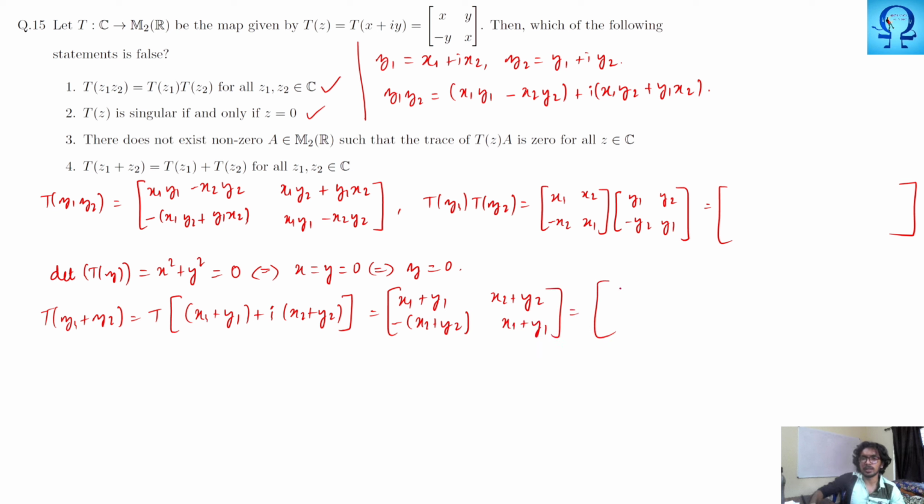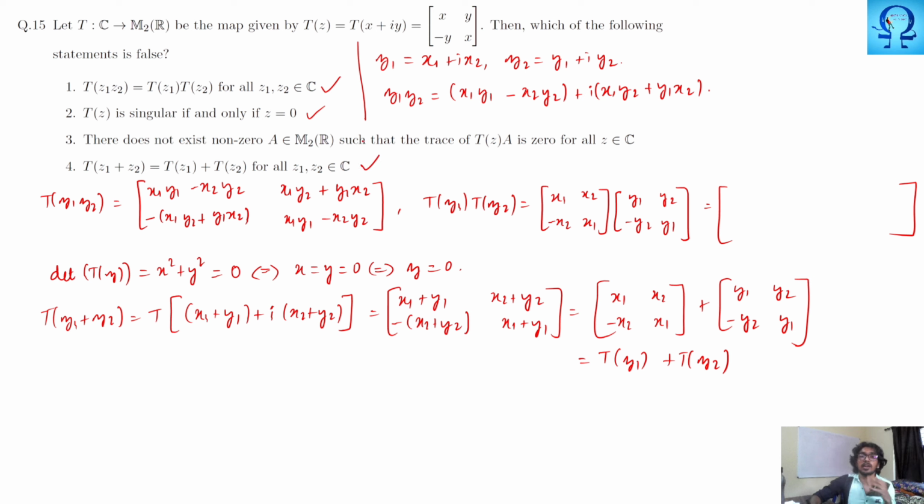This you may split like x1 x2 minus x2 x1 plus y1 y2 minus y2 y1. So this is nothing but simply t of z1 plus t of z2. So option 4 is also a true statement. Since we have verified three statements are true, this has to be the wrong statement, hence it has to be the right answer to this question. We may have that way, or you just have a matrix A, B, C, D.